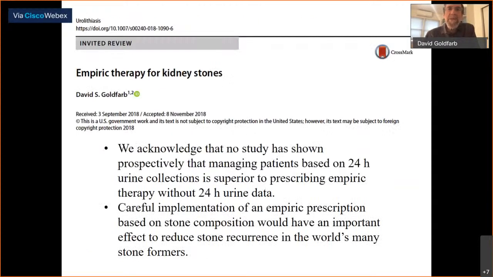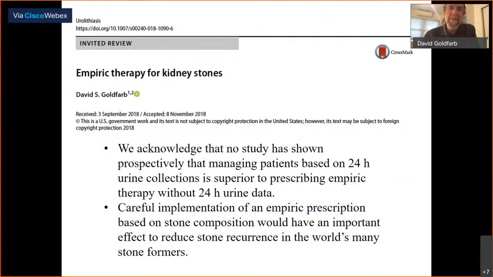But as a result of my visit to Nadiad, and at that time, Mahesh, you were not getting 24-hour urine collections, and right up the street from me in New York City is the city hospital, where most patients don't have insurance in our backwards healthcare system. That's Bellevue Hospital.